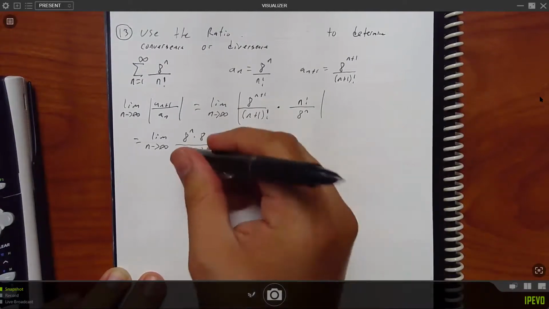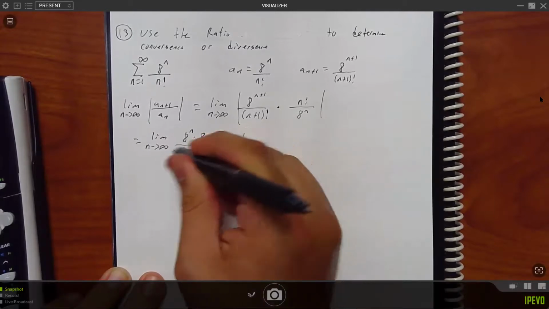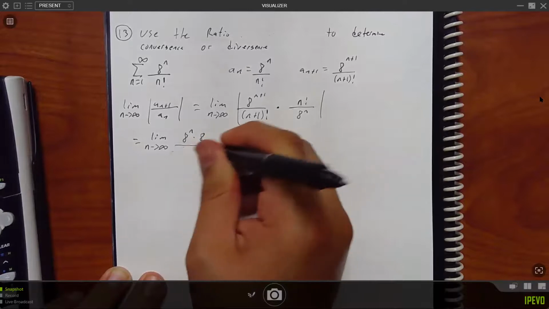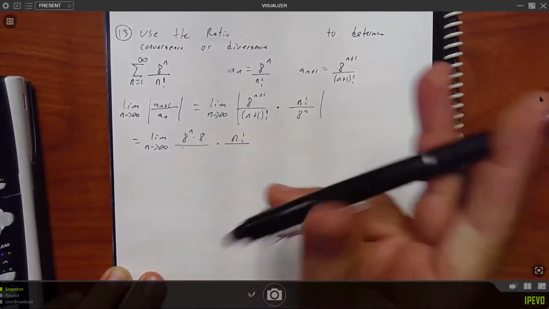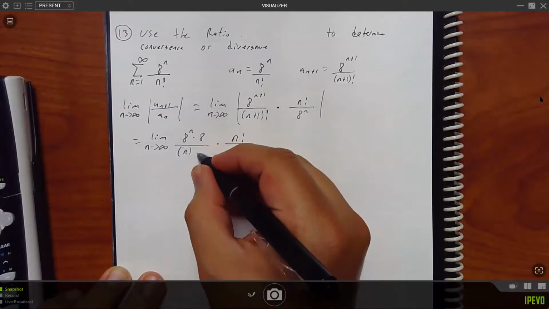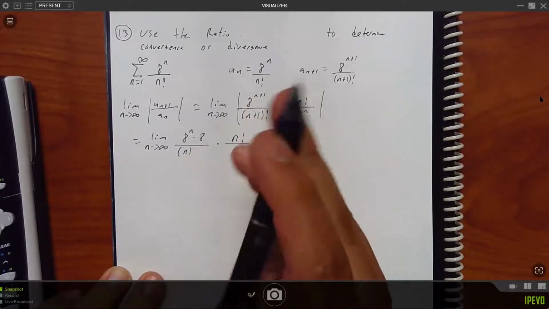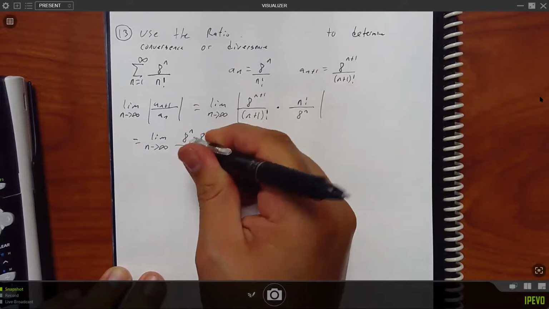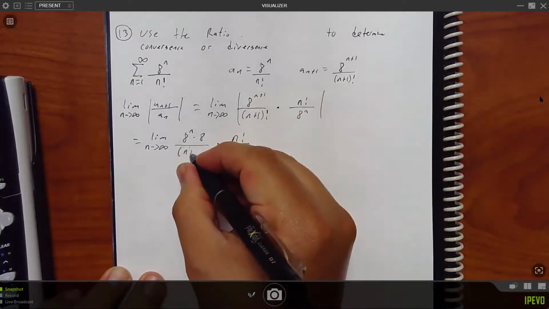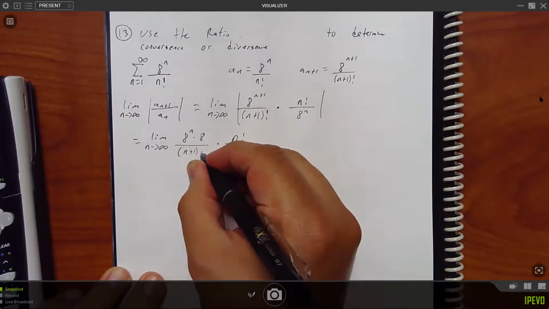I'm supposed to expand this: n plus 1 factorial expands to n plus 1 times n factorial.